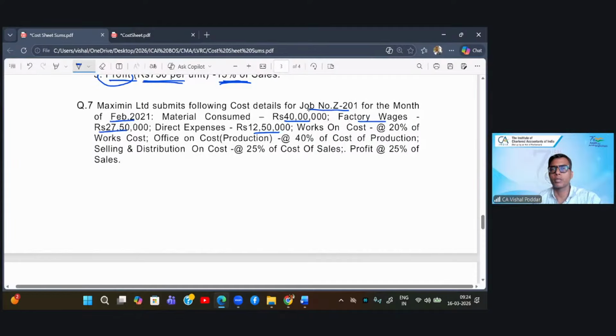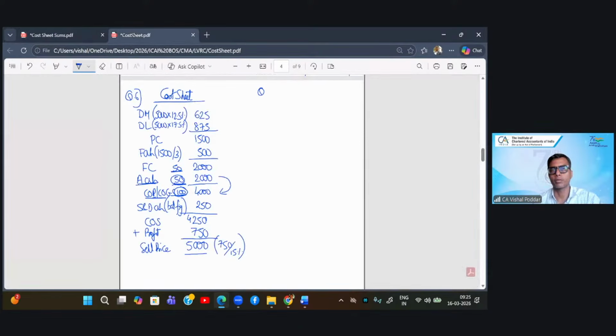Now what is given? Works on cost is 20% of works cost. Office on cost, that is administration overheads, is at the rate of 40% of cost of production. Selling and distribution on cost, that is selling and distribution overheads, is 25% of cost of sales. So here again, the overheads are given in percentage, but it is slightly interesting. When you solve this, you'll find what the special point is.